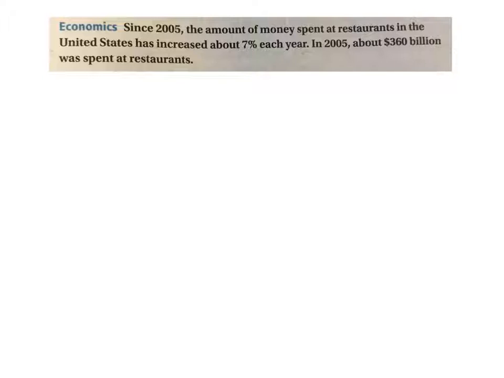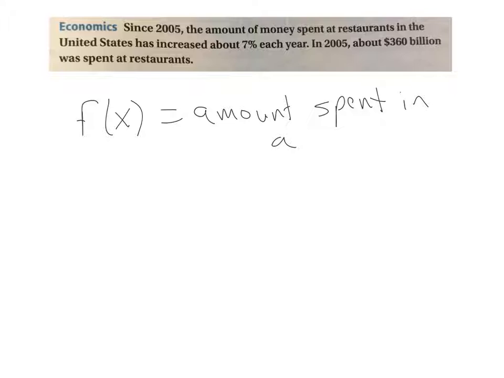So in writing a function for this, the first thing we want to do is define our variables. We're going to write a function in terms of f of x. So f of x is going to be the amount spent in a year. And therefore x is going to be years.